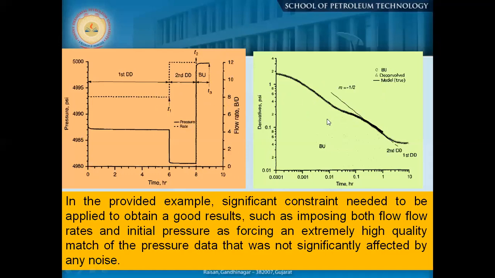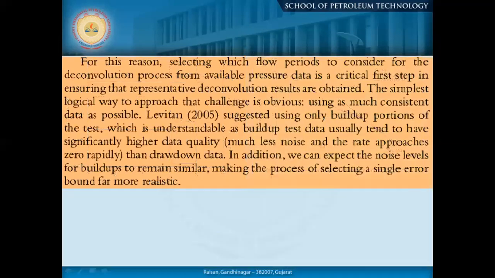But the next synthetic diagram, if I show you, is slightly different. Selecting which flow period to consider for the deconvolution process from the available pressure data is a critical first step in ensuring that representative deconvolution results are obtained.